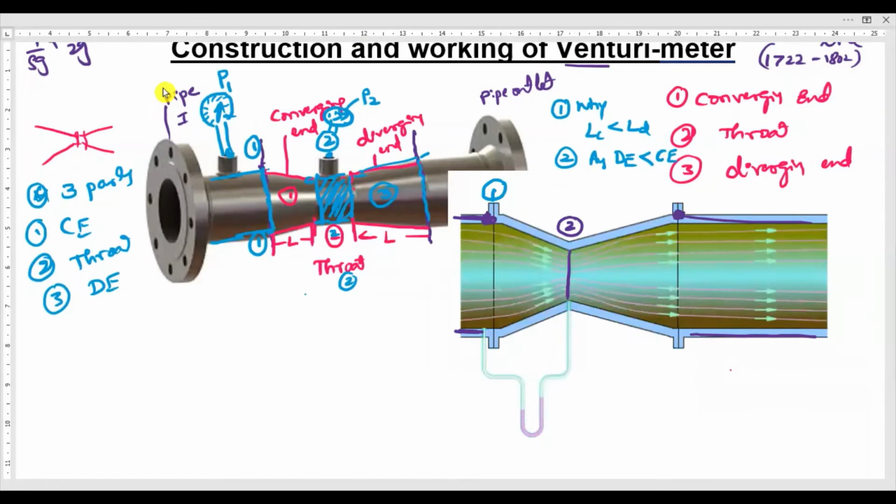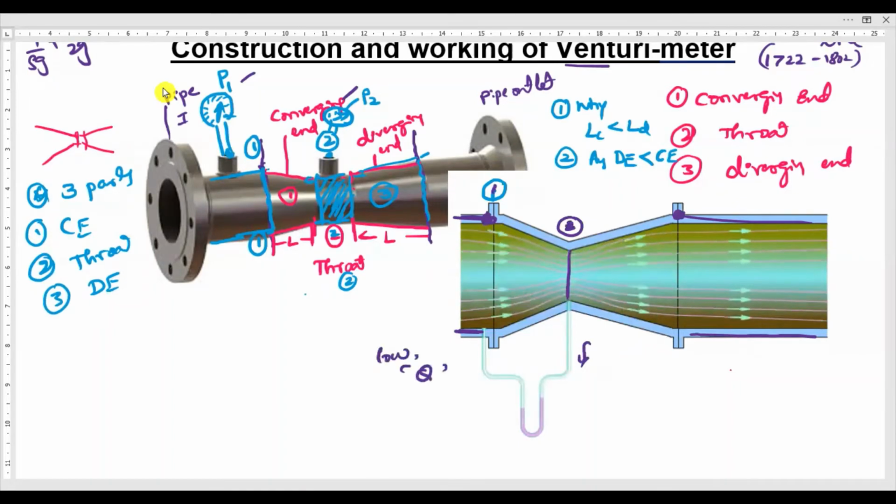Now between 1 and 2, as I said, two pressure gauges will be attached. You can use pressure gauges when you are going to measure a huge quantity of water. You can use manometers for measuring the pressure difference between point 1 and point 2 of the venturimeter where you are going to measure a low flow rate of water, that is low discharge.